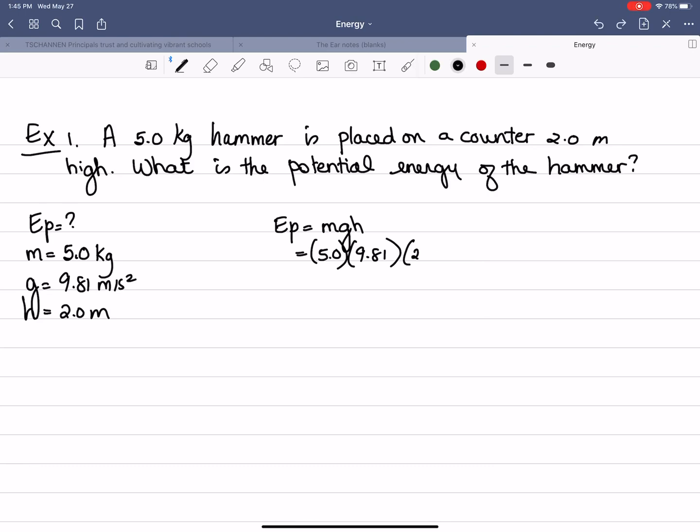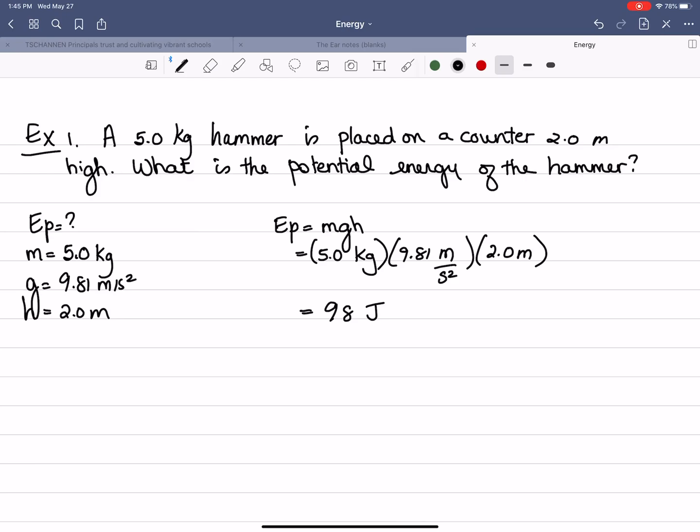I'll put the units in here so you can see. 5.0 kilograms, 9.81 meters per second squared, and I have 2.0 meters, just to have all the units in there. And my answer here is going to be 98 joules. Okay, so I want two significant digits for the answer. That's going to be 98 joules.